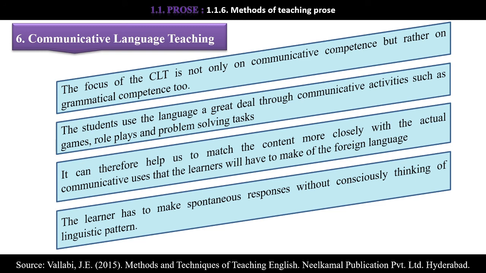But using communicative language teaching, he thinks in English and produces spontaneously the responses of what he has thought. That is the difference. So while teaching prose and poetry, we should use communicative language teaching.